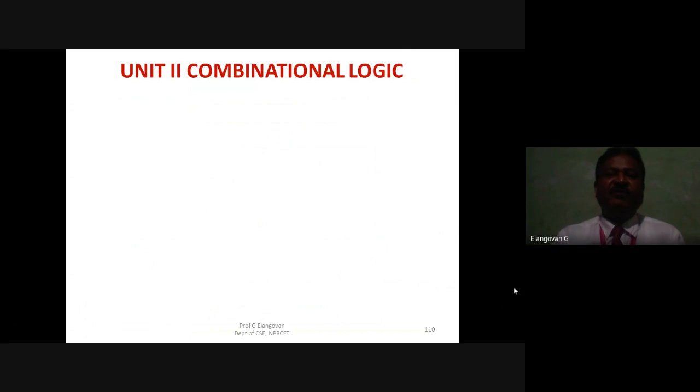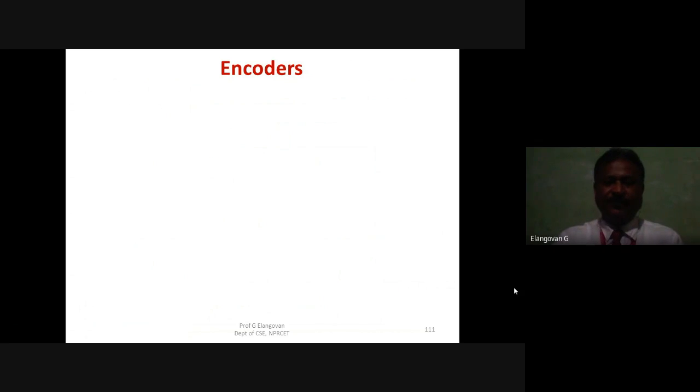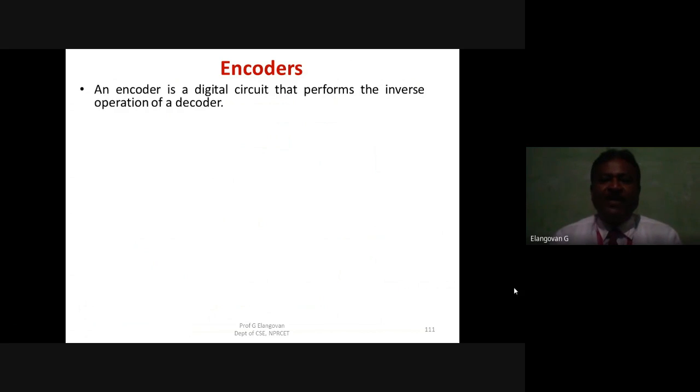In this specific video, you are going to understand about encoders and the examples for encoders: the octal to binary encoder and priority encoders. First we understood what an encoder is. An encoder converts one form of code into another form of code, which is the inverse process of a decoder.